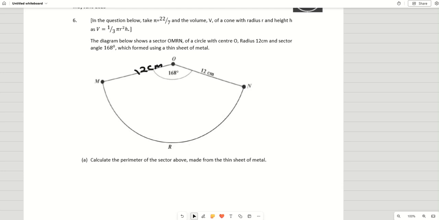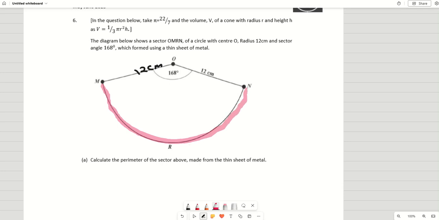R is actually our arc. So if I highlight it, this here is actually the arc of a circle.